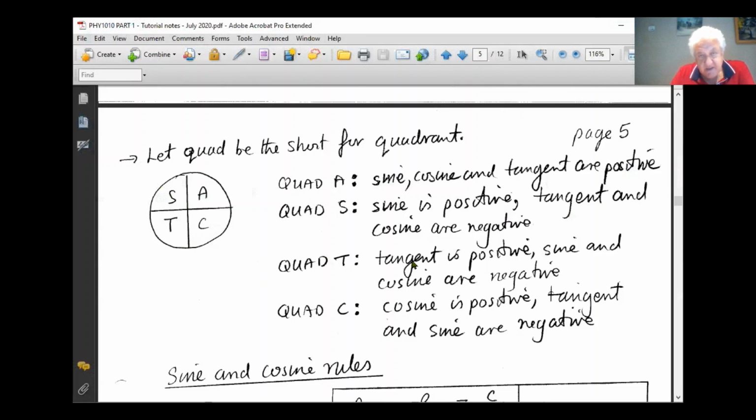Quadrant T: tangent is positive, sine and cosine are negative. Quadrant C: cosine is positive, tangent and sine are negative. So this tells you which ones are positive. All are positive, sine is positive, tan is positive, cosine is positive.